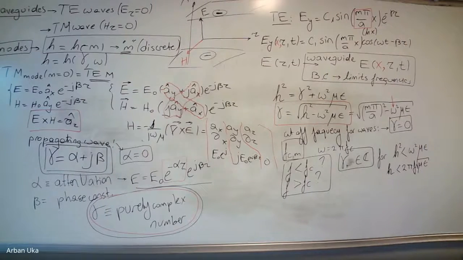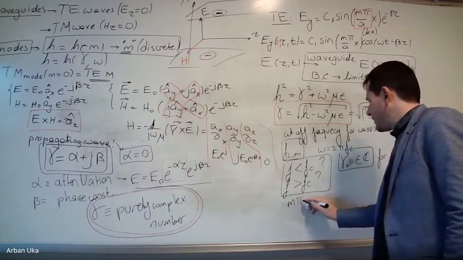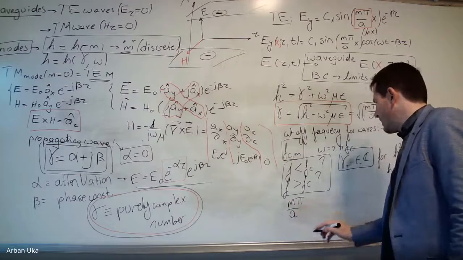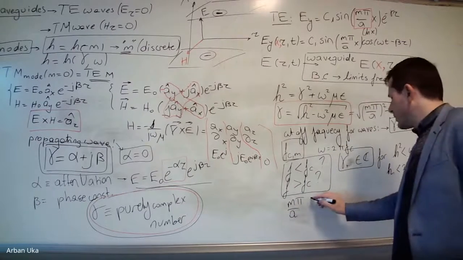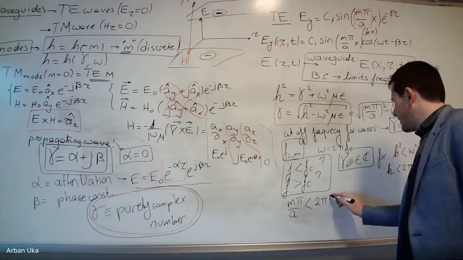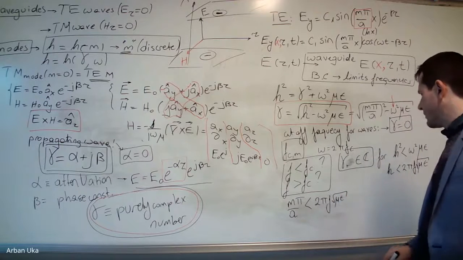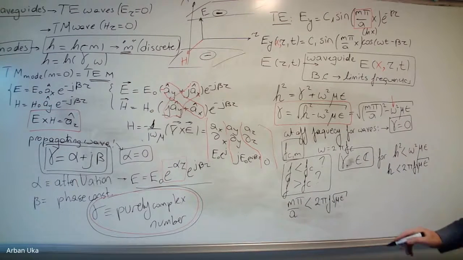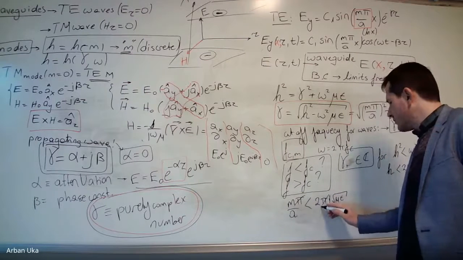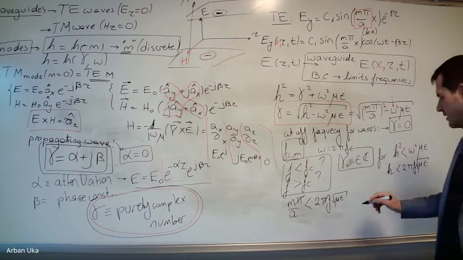This is m pi over a, so here we get m pi over a, this is H. We want this smaller than 2 pi f times the square root of mu permittivity, okay? Then what we can do here is cancel the pi on both sides.